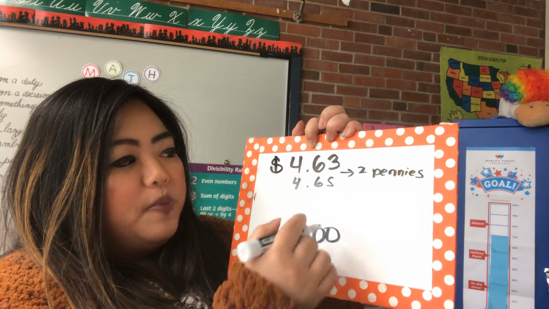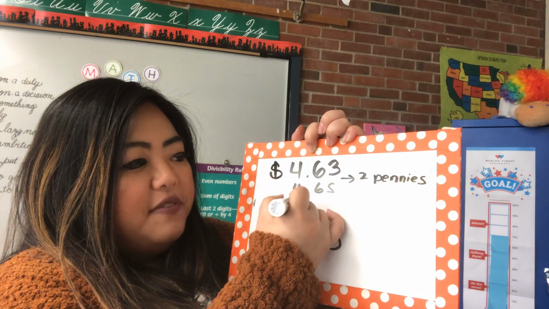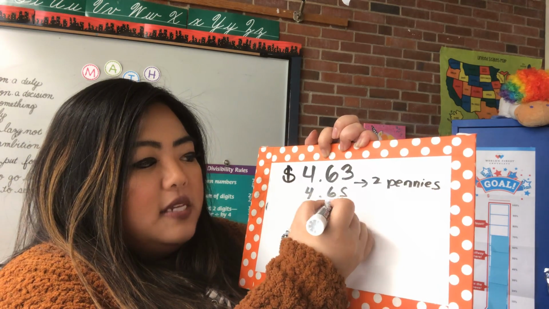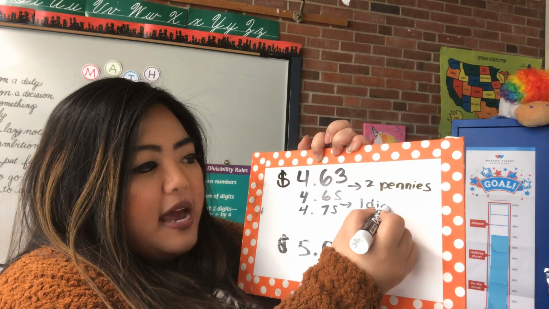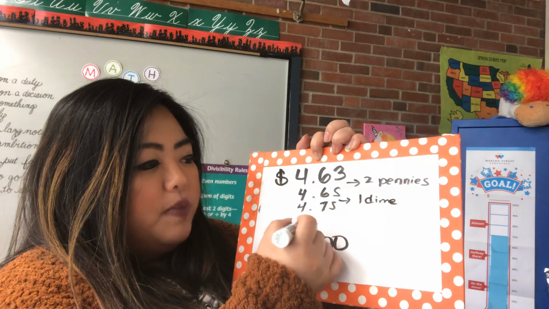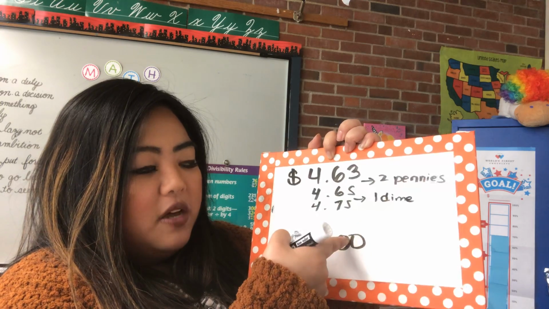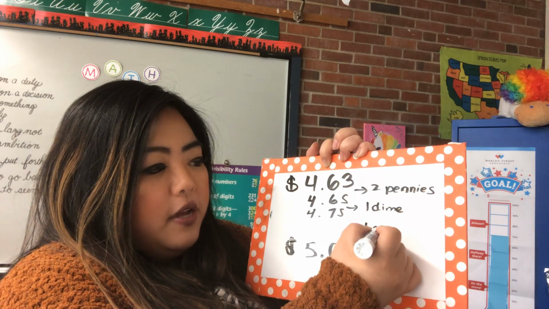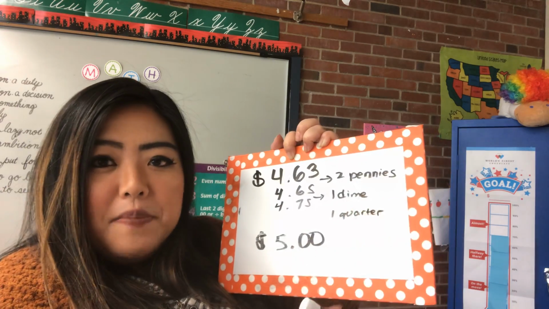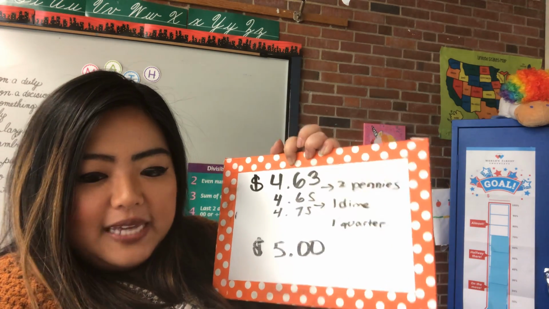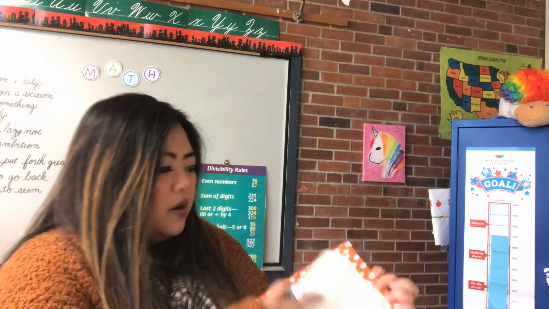Our next quarter after 65 is 75. To get from 65 to 75, you need 1 dime. Now we're at our quarter spot, how many quarters do we need to get from $4.75 to $5? 1 quarter. Your answer is 2 pennies, 1 dime, 1 quarter. I'm hoping this makes sense. Now the last, nope, we're not done.